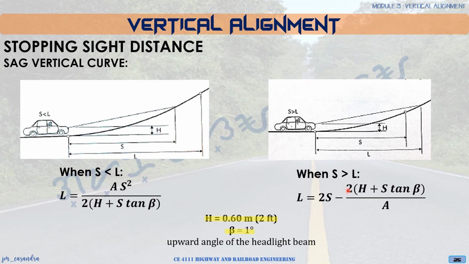The constant being multiplied to H plus S tangent beta is not in hundreds, so therefore, the A value here is not in the percentage form. Okay? So take note, the value of the constant will be dependent on the value of your A.